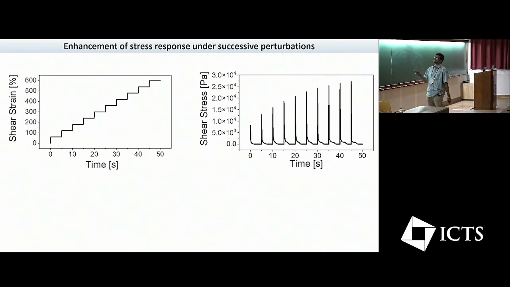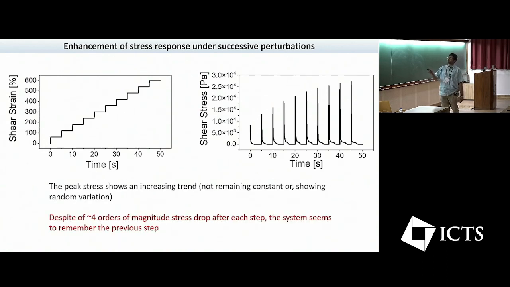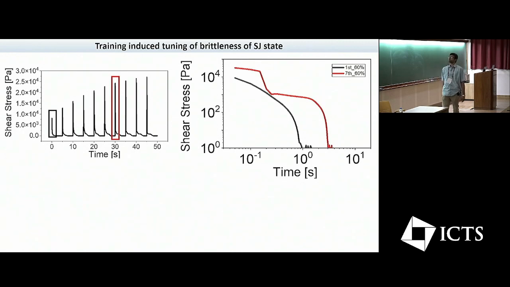We would have imagined that we'd get almost a similar response, within experimental error. But it looks like, despite this rapid relaxation by 4 orders of magnitude, at any step it remembers what happened in the previous step. Actually, it always increases.